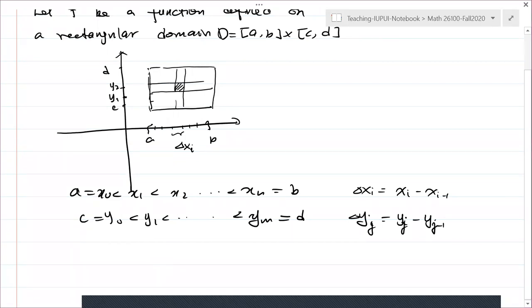The area of this sub-rectangle is called delta Aij, which is delta xi times delta yj. How many rectangles do you have right now? You have n by m small rectangles.